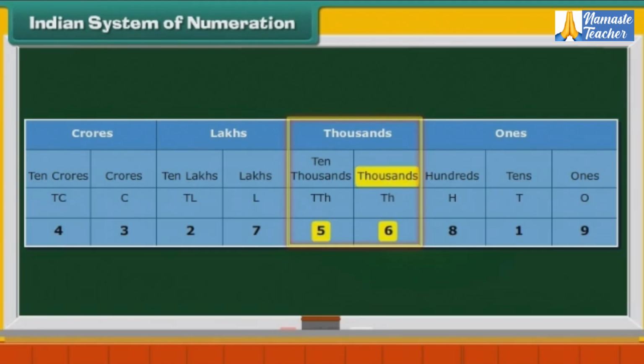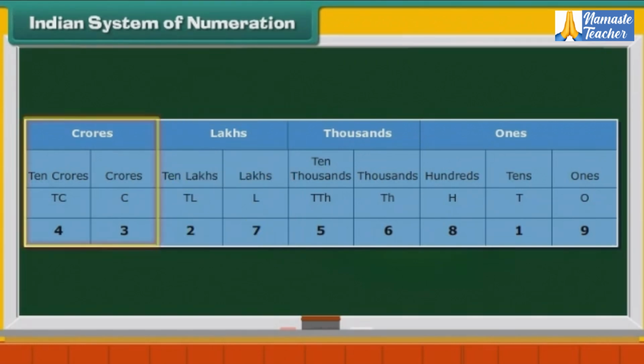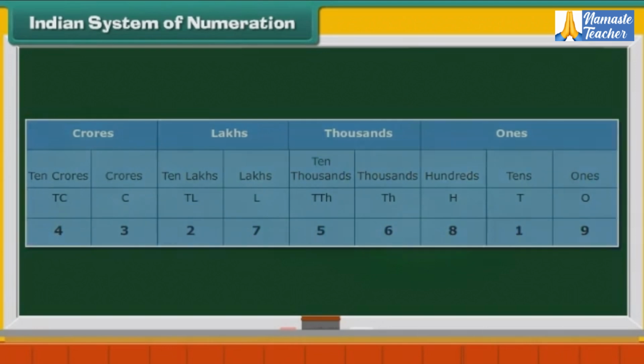Their places are thousands and 10,000s. The lakhs group has the 2 digits 7 and 2. Their places are lakhs and 10 lakhs. The last group of crores also has 2 digits 3 and 4. Their places are crores and 10 crores.